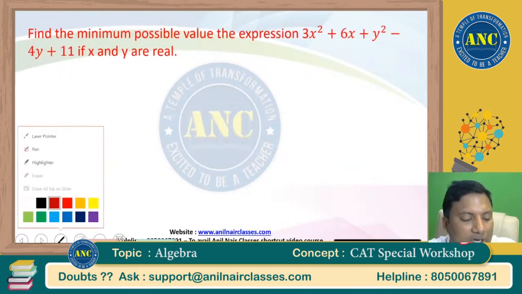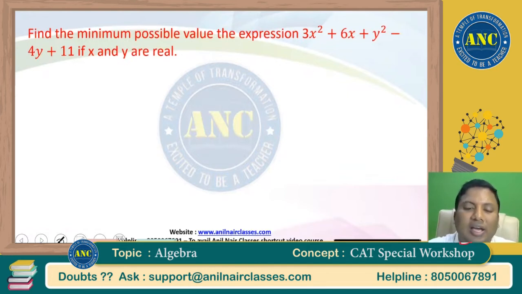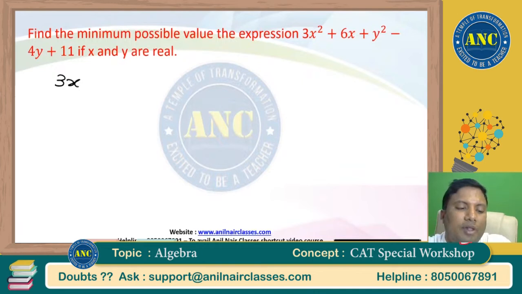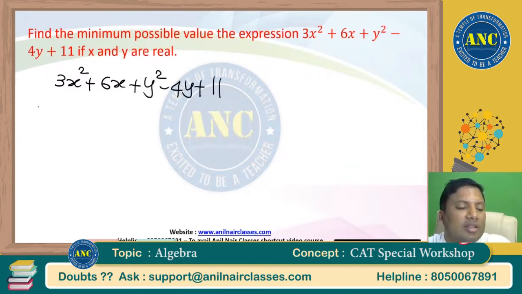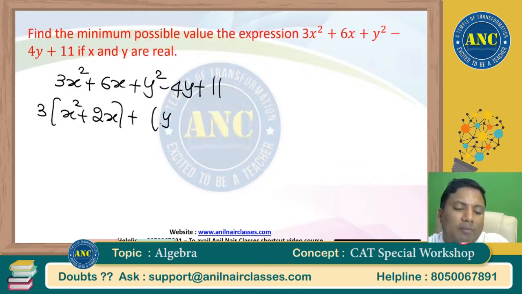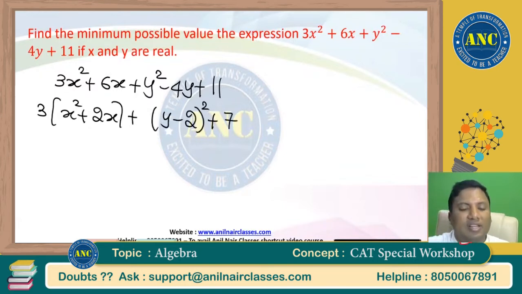Next, another question, again asking for the smallest value. The question is 3x square plus 6x plus y square minus 4y plus 11. This is 3 into x square plus 2x, plus y minus 2 whole square plus 7, since 4 plus 7 is 11.